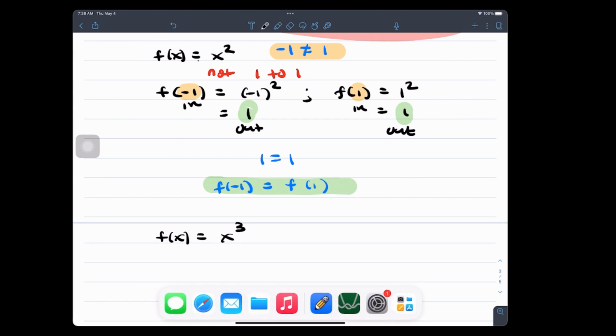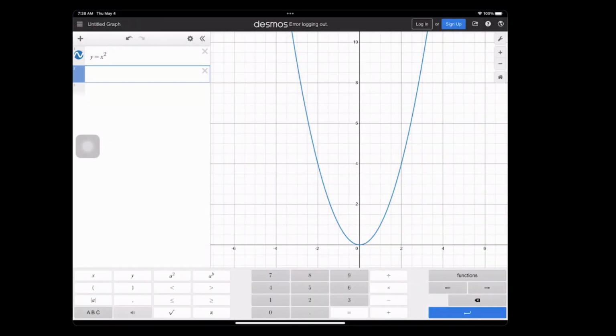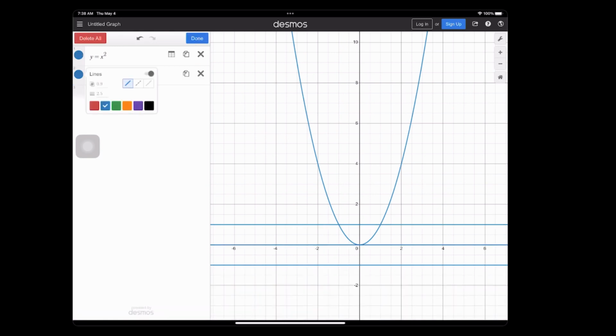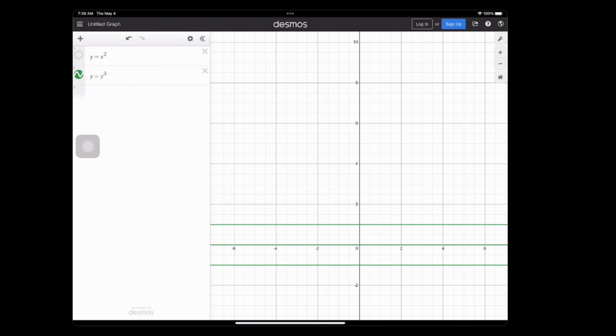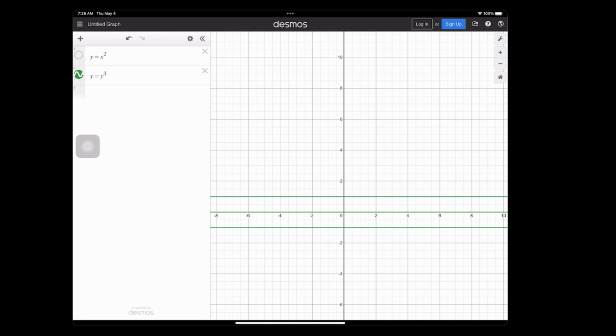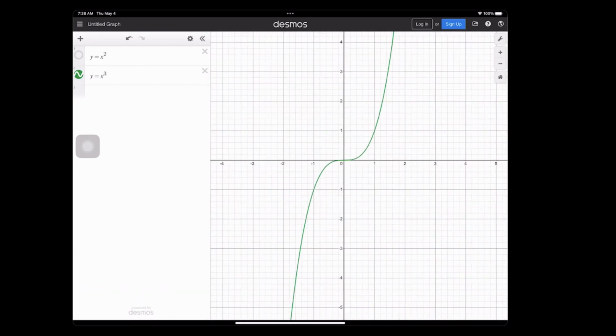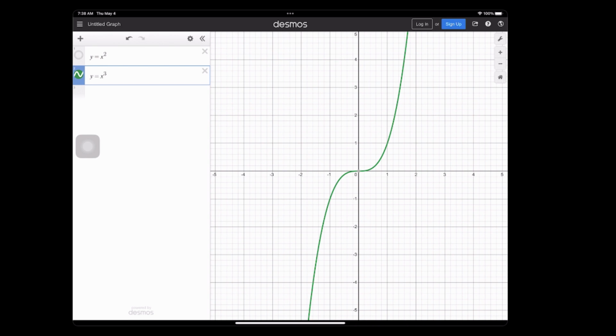I'm going to look at the graph again, because I'm showing you some of this supplement portion today. y equals x raised to the third power. Let's change that color to green. This is the function we're looking at now.